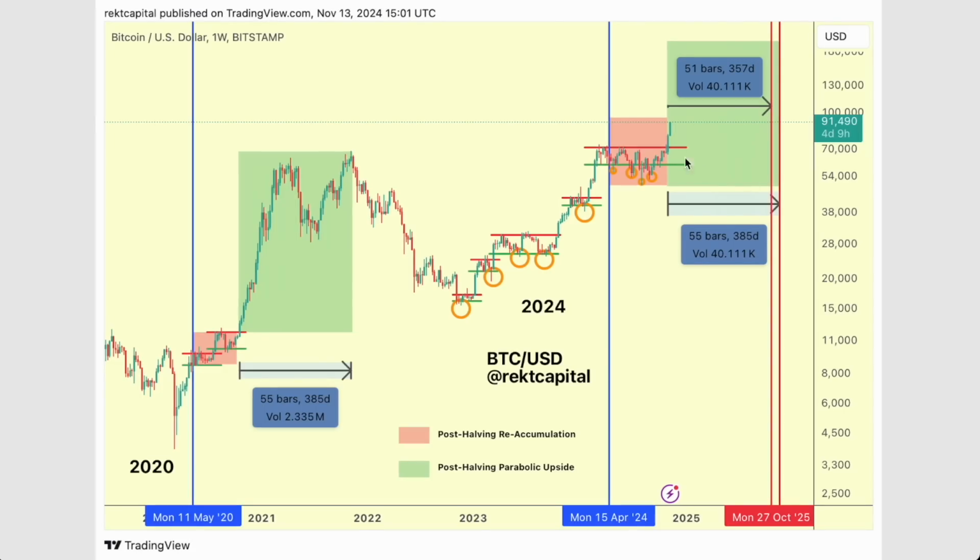And as you can see, we've been talking about this reaccumulation phase for a long time. And one of the things to really take note of is that this reaccumulation phase in 2020, post-halving reaccumulation, lasted 163 days. In this cycle, we saw that reaccumulation phase elongate and extend by an additional 45 days or so.